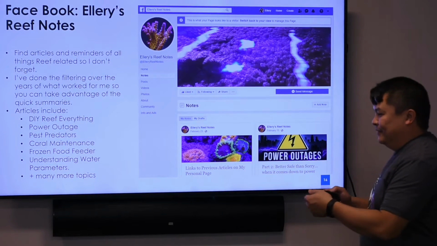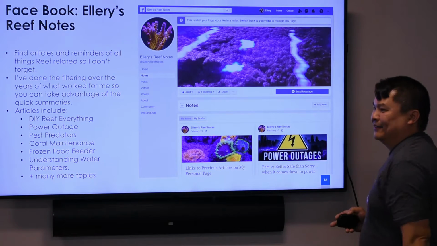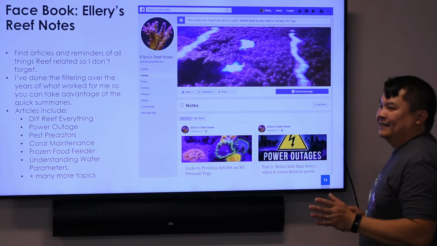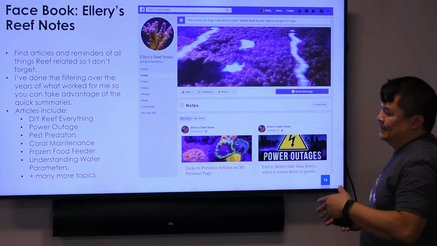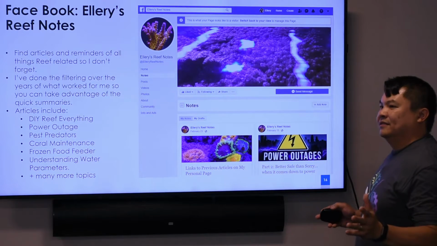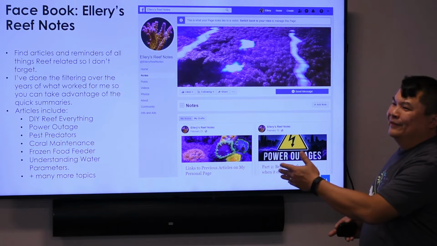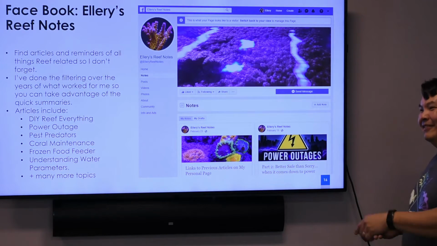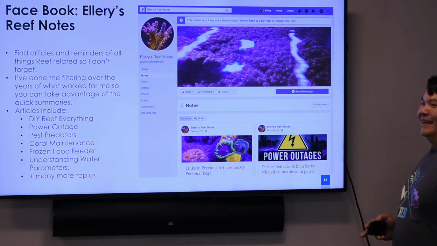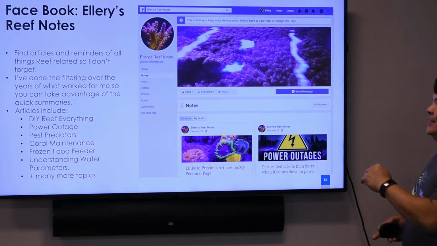Get a little Hello Kitty vibration brush and scrub some of that stuff off. Small little things, monthly, save time instead of letting it spread. I need a frozen food feeder, an automatic frozen food refrigerator with a dosing pump in there, with enough to feed the defrosted frozen food for a week. And many tidbits.